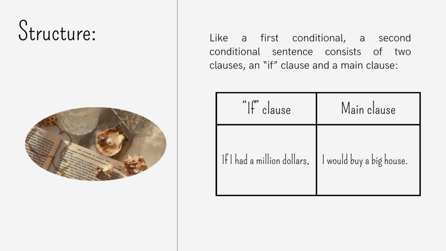And structure. Like a first conditional, a second conditional sentence consists of two clauses, an if clause and a main clause. As we can see in the following table, the if clause is if I had $1 million, and the main clause is I would buy a big house.